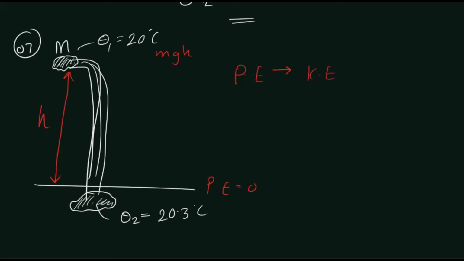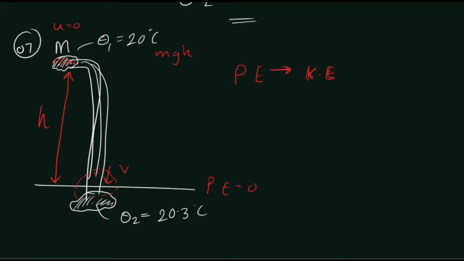Initially, the water column doesn't have any speed, let's assume it's 0. All this potential energy is converted into kinetic energy when the water column reaches somewhere here, with a certain velocity.